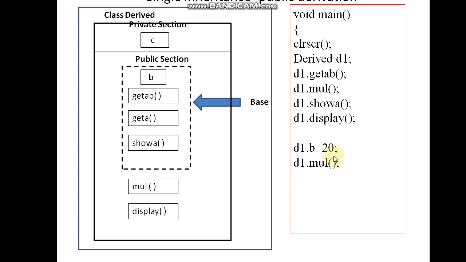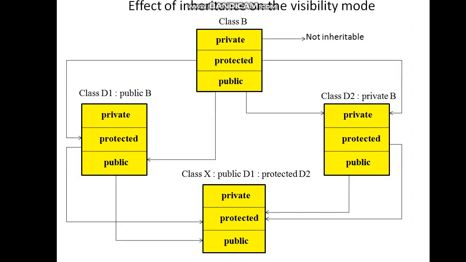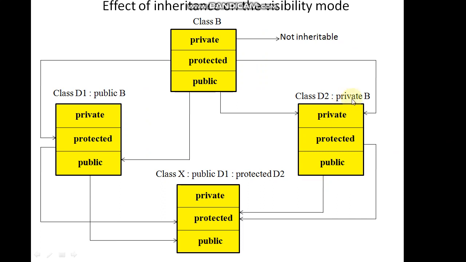Again, we can calculate the multiplication of A and the new value of B. Display the values of A, B and C. End of main function. Execute this program to understand it better and see its output. Then we will concentrate on private visibility mode.